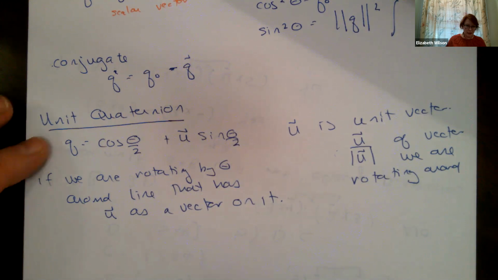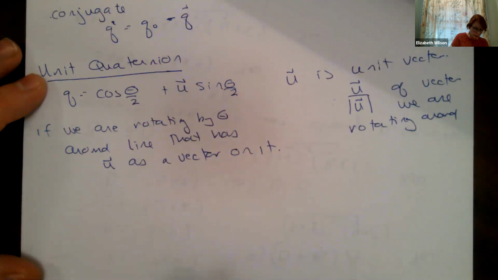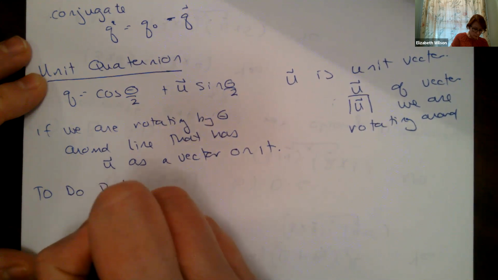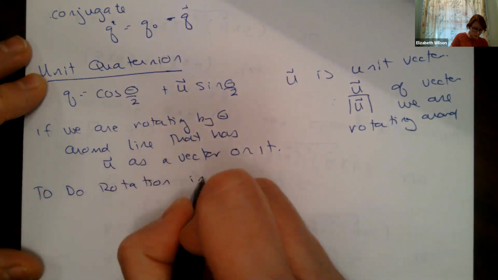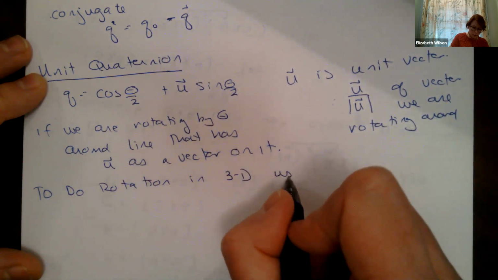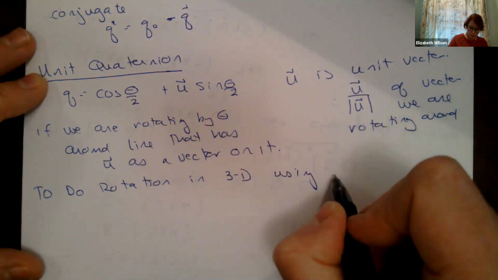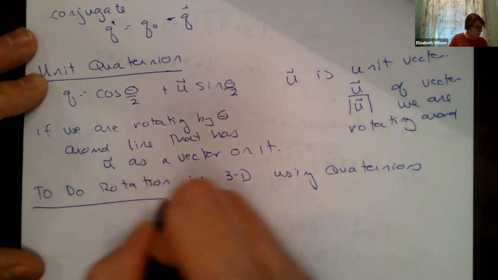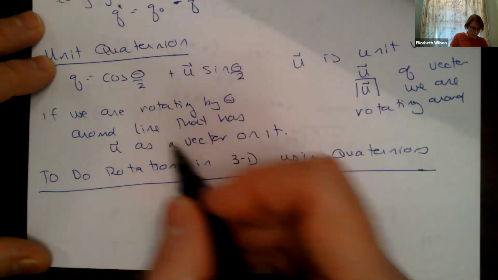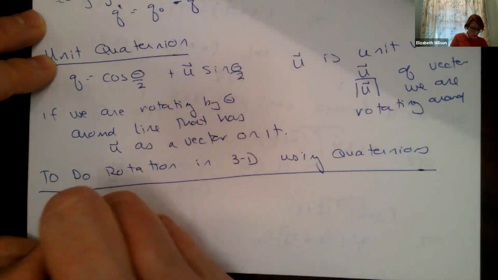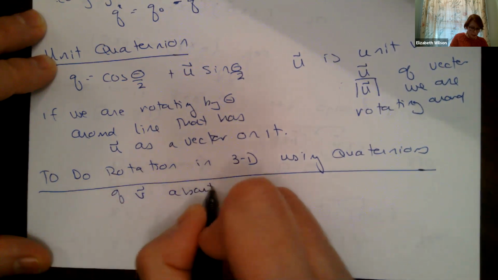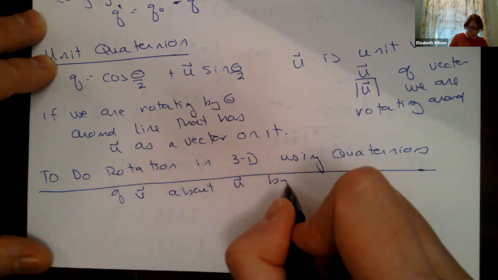So now to actually do the rotation in 3D using quaternions, these are all a preamble. Okay, what's going to happen? So we're going to say this is rotation of V about U by theta.